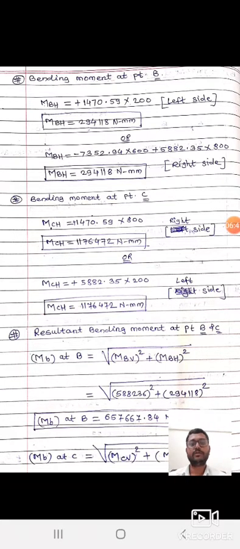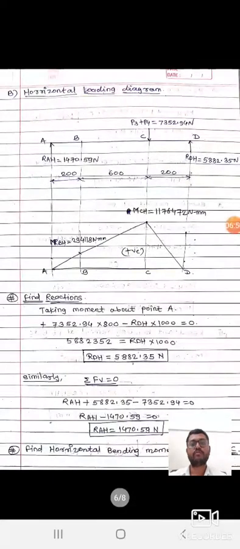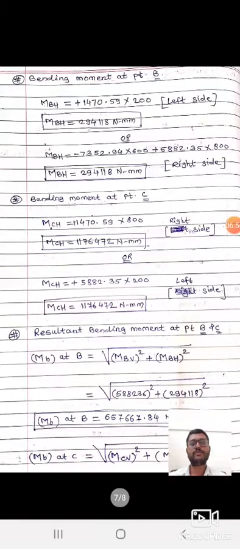Next is to calculate bending moment at point C. Here again we have to consider right side and left side forces about point C. For right side force, you know that anti-clockwise moment about point C is positive and clockwise is negative.